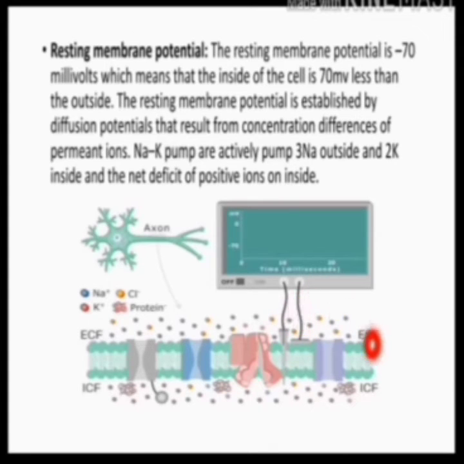And when charged particles are present, they develop a potential difference. We previously talked about voltage gated channels as well as chemical ligand channels. Both are present, voltage sensitive channels and chemical ligand sensitive channels.